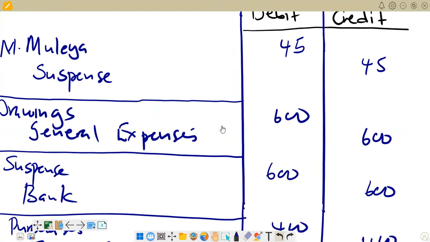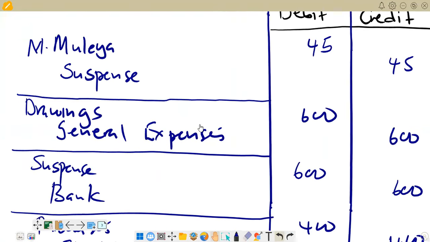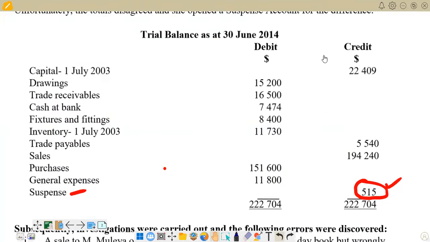So if you come here, we see that drawings is a normal debit balance and it's being debited, so it's a plus. We are going to add to drawings the figure for drawings that we are given there. The figure for drawings that we have is 15,200. So we are going to add that 600 to get the net figure.